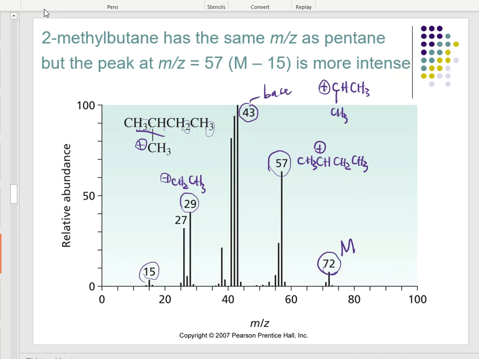Look at the height of the peaks. 43 is still the base peak, meaning that this molecule, if it fragments, is still going to prefer to fragment in this way. That is the most common thing that the detector sees. But look at your 57.